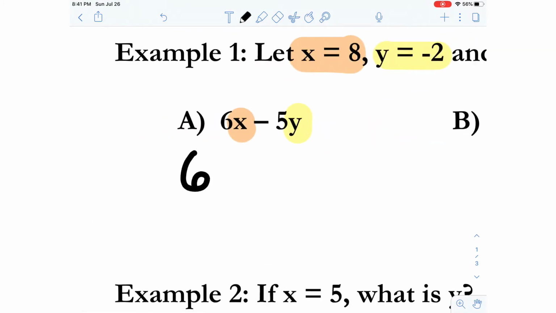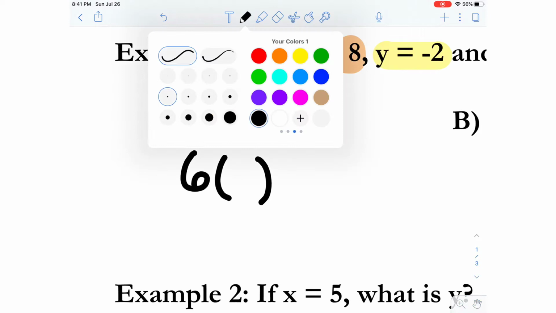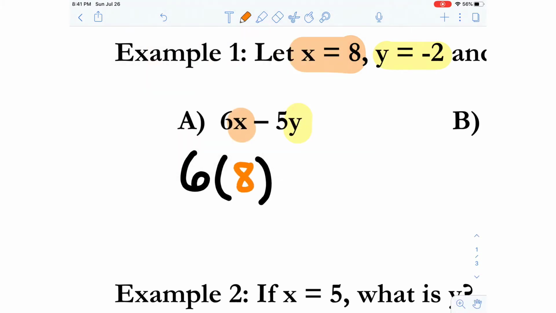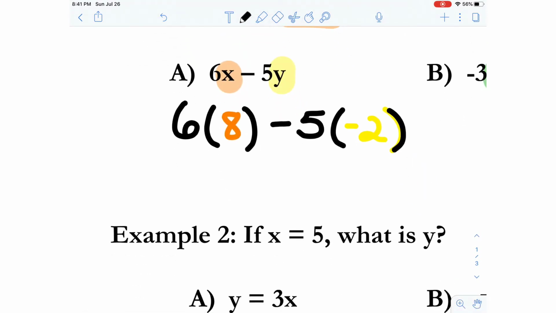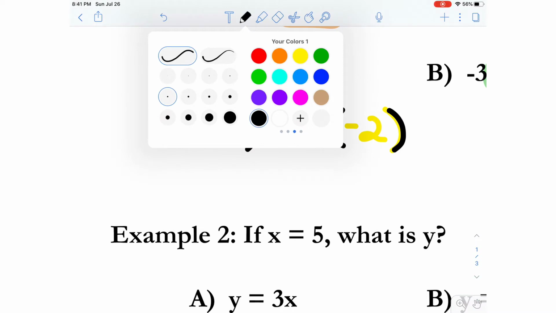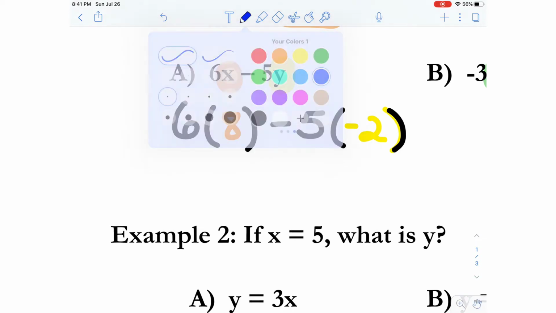So we're going to take a 6. Instead of an x, I'm going to plug in 8. Okay, minus 5 times -2. All right, and now we're just going to do the math. You can use your calculator, you could do it in your head, however you want.